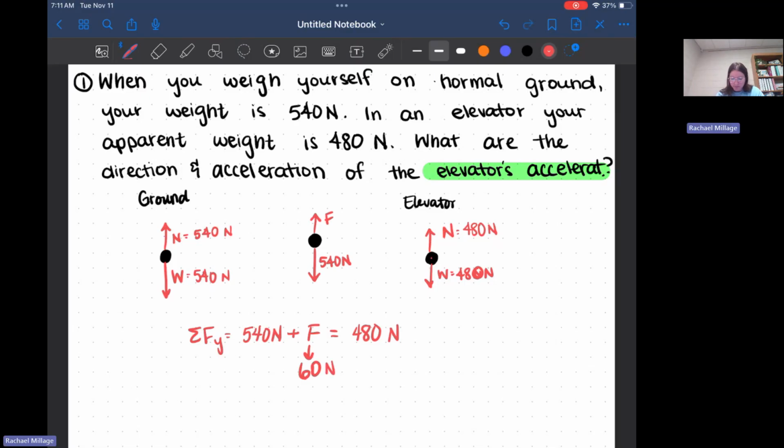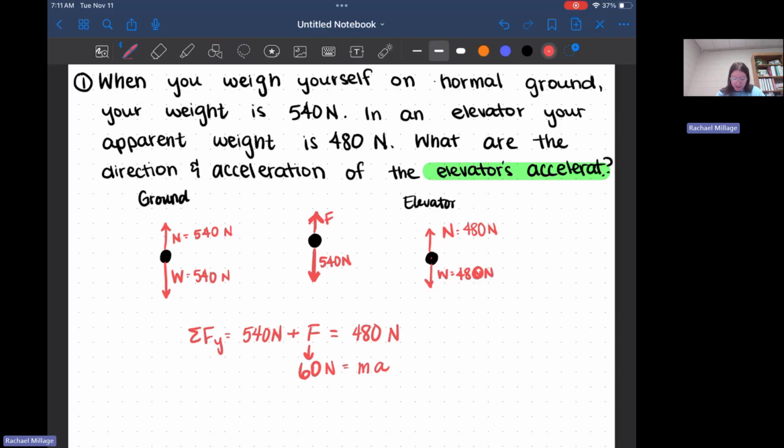So we have 60 newtons, and we know it's acting upwards, right? Because our weight is pulling us downwards, and that force is counteracting it by 60 newtons. We also know that force is equal to mass times acceleration. Well, we don't know our mass, but can we find our mass?